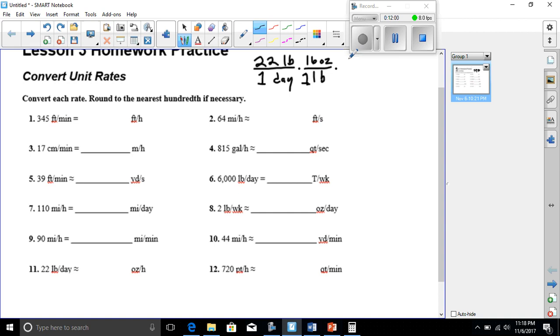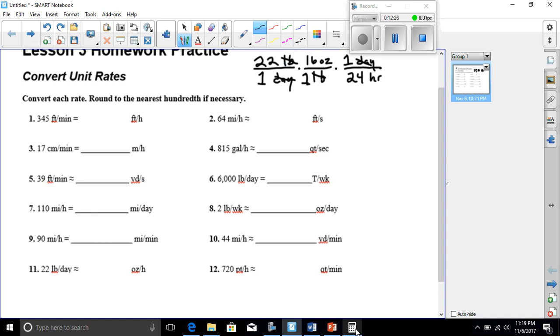I'm going to need to multiply 1 day divided by 24 hours. And if I do that, I'm ready to cross out my day. I'm ready to cross out my pounds. That's going to give me my ounces per hour, and that's what we want, ounces an hour.